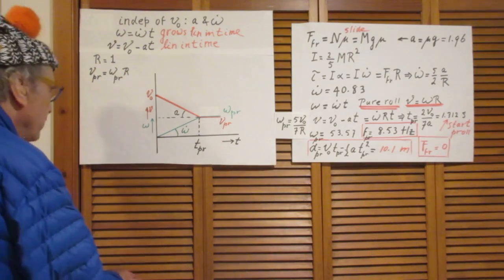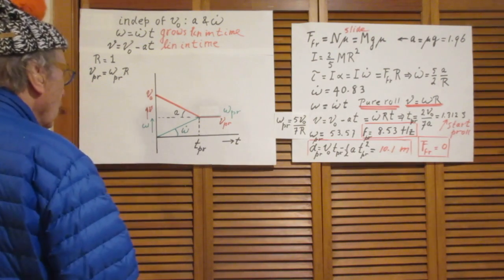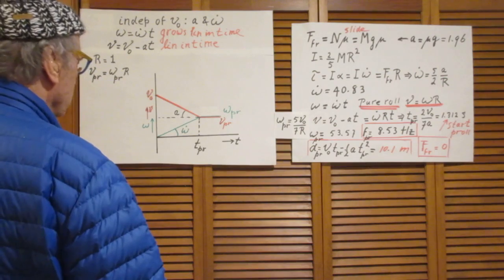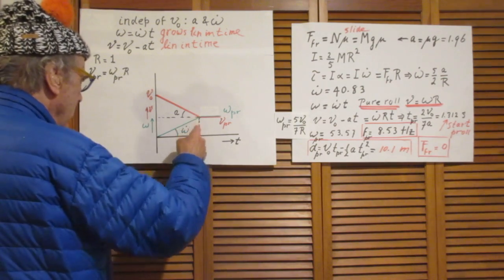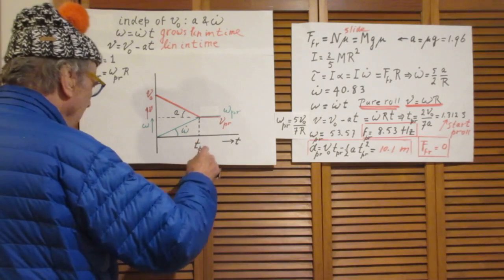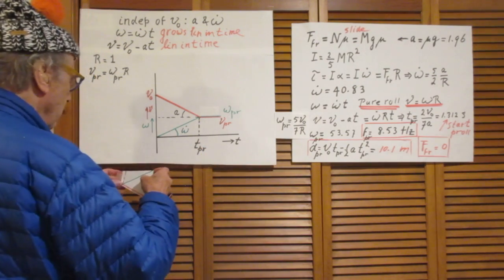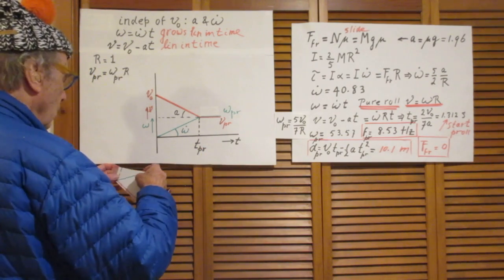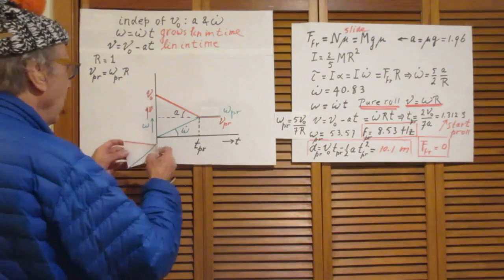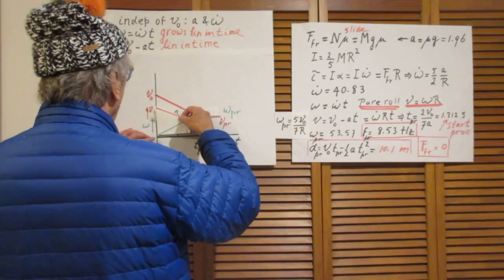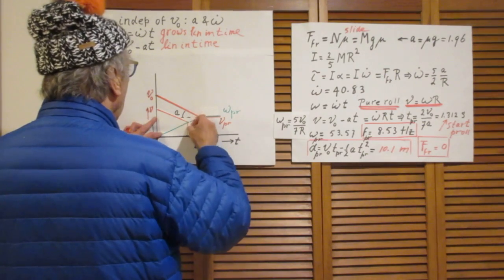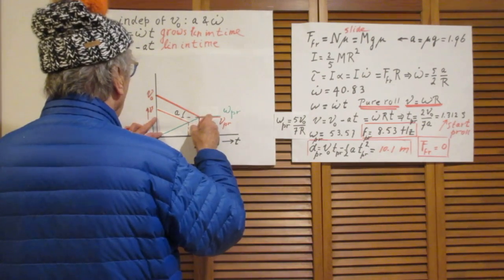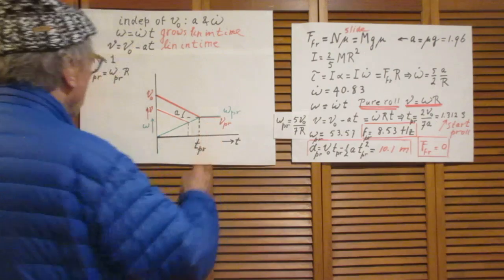Now let's suppose we make V0 smaller. Keep an eye on where the time is that we reach pure roll. So I'm now going to make V0 smaller. There you go.